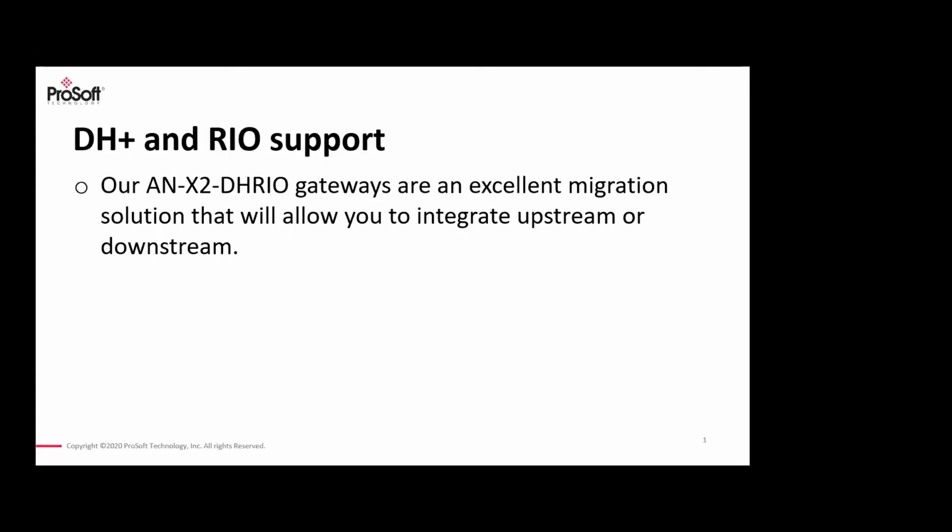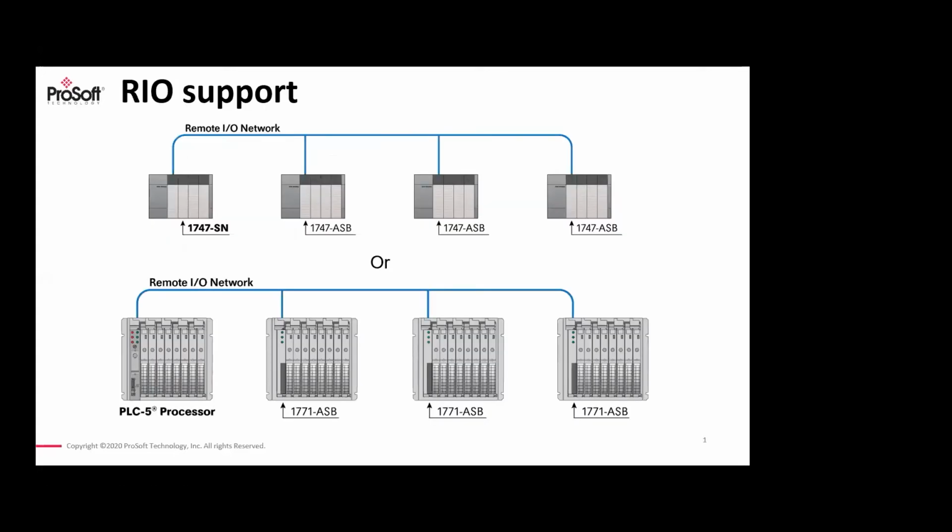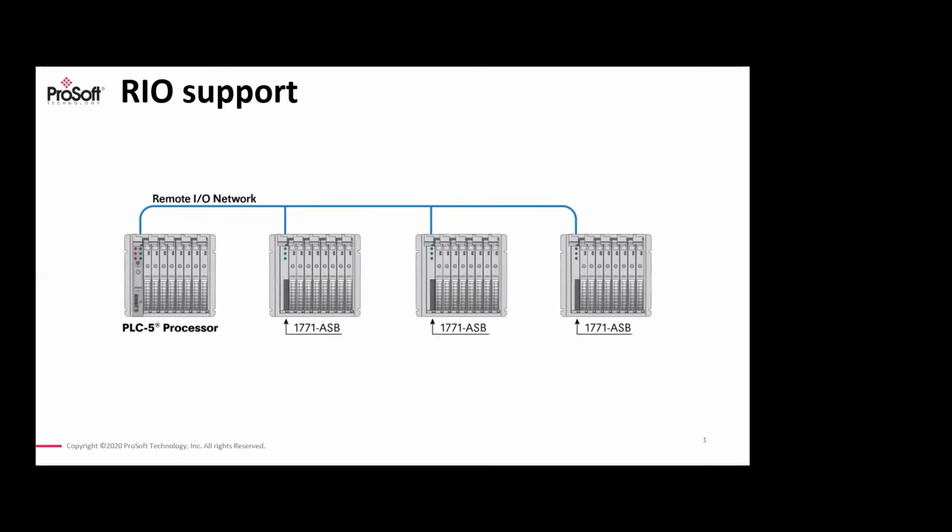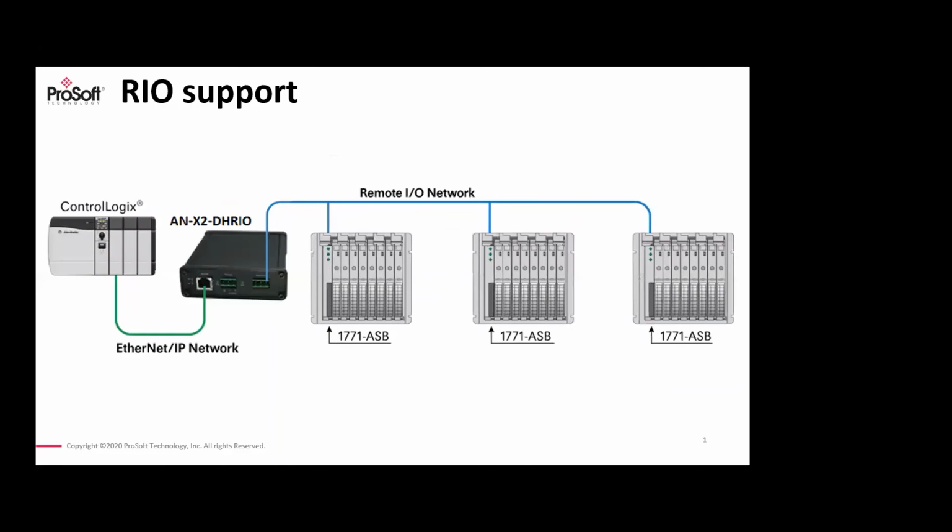So for a Remote I/O network, you can integrate upstream by replacing a legacy PLC with a later EtherNet/IP controller while maintaining the existing legacy remote I/O racks.